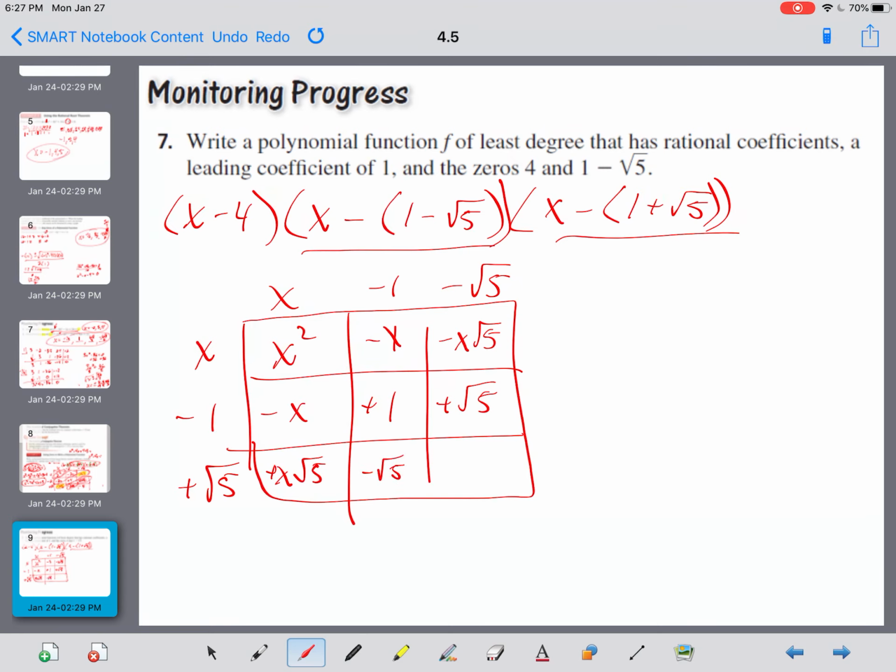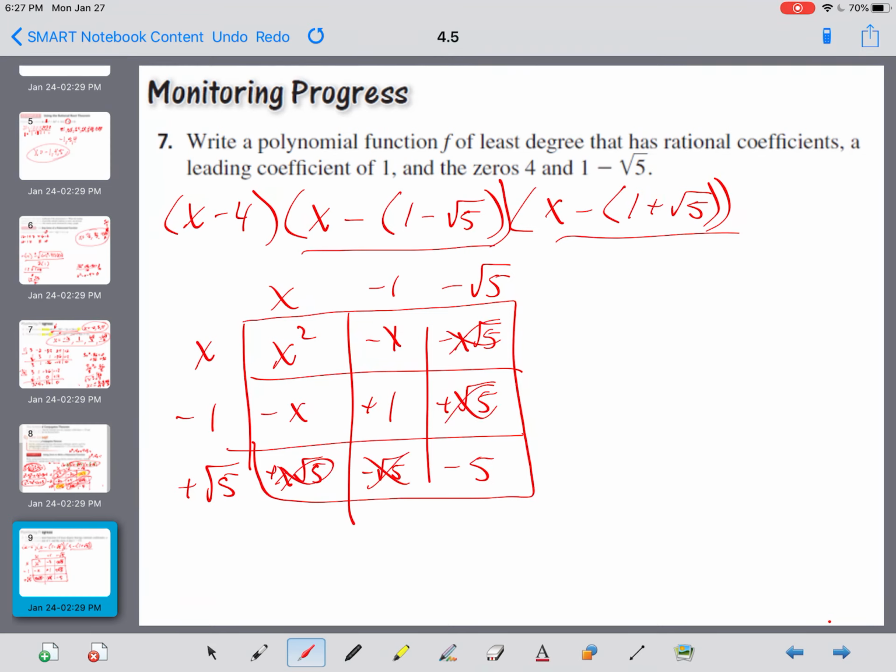You've got negative square root of 5. And you've got negative 5. These guys cancel out. They will always cancel out. So you're going to do x minus 4 times x squared minus 2x minus 4.